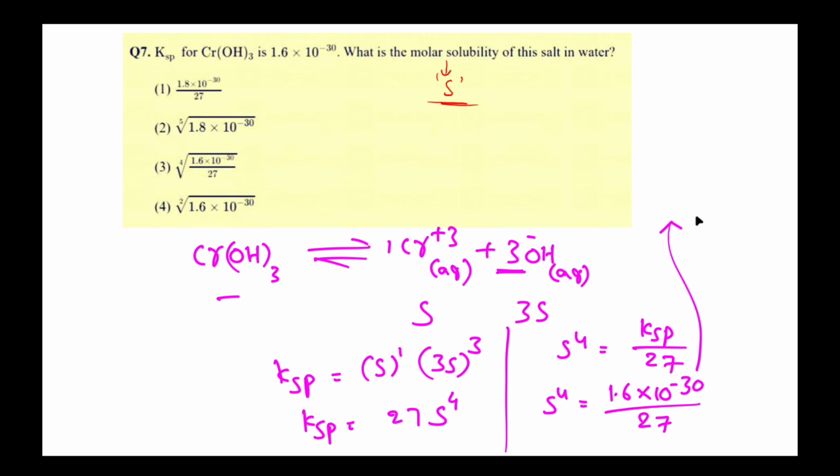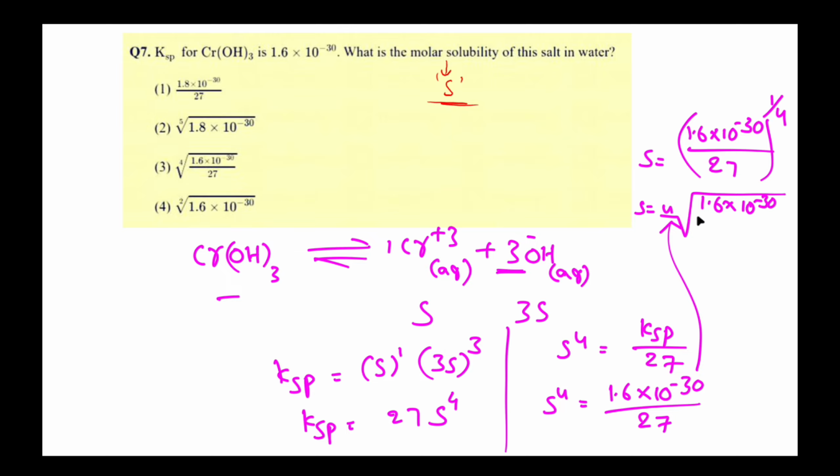Then from this, S is equal to 1.6 into 10 power minus 30 by 27 whole power 1 by 4, otherwise fourth root of 1.6 into 10 power minus 30 by 27. So the correct option is 1.6 into 10 power minus 30 by 27, that is fourth root. So option 3 is the correct answer.